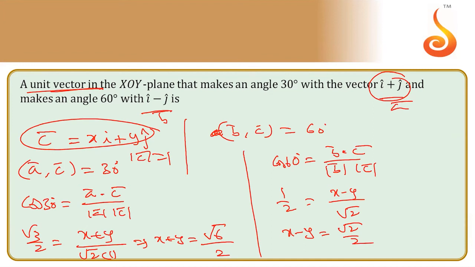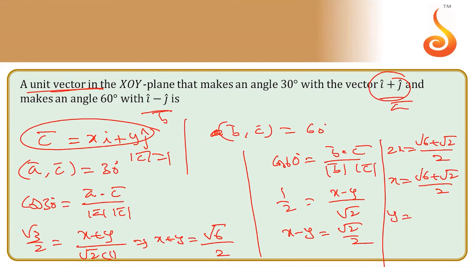If we add both, 2x equals root 6 plus root 2 by 2, that means x equals root 6 plus root 2 by 2. And y, if you subtract both, root 6 minus root 2 by 2 comes. This is 4, sorry, 4 will come. So x equals root 6 plus root 2 by 4, y equals root 6 minus root 2 by 4. Then you can take the required vector.